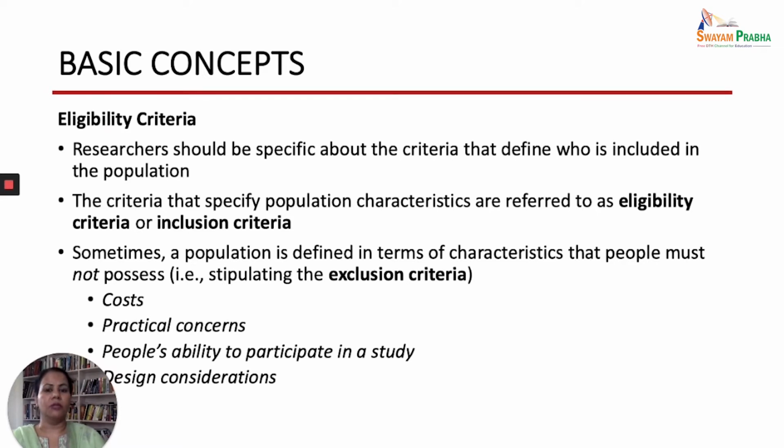Otherwise, those particular home remedies or Ayurvedic or homeopathic medicines may act as extraneous variables, and which may result in decrease in the validity of your study. So sometimes the eligibility criteria might also be based upon your study design.